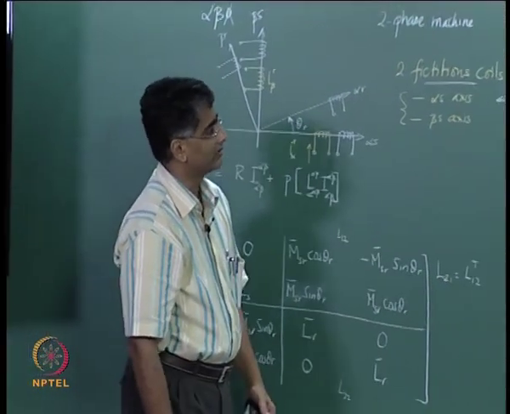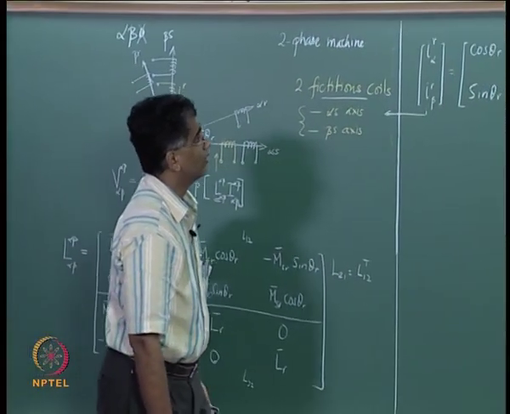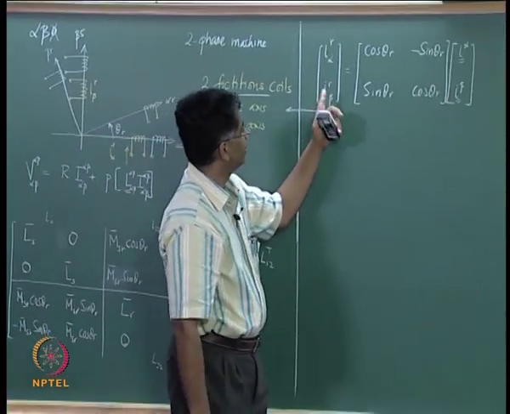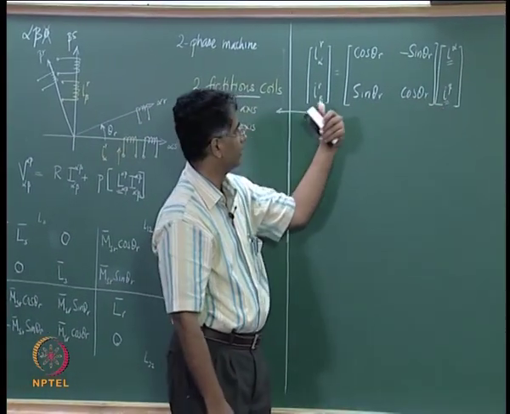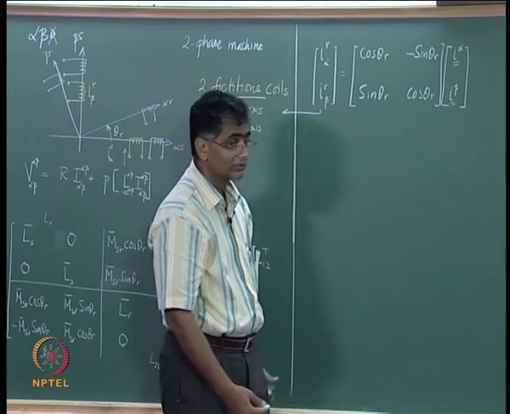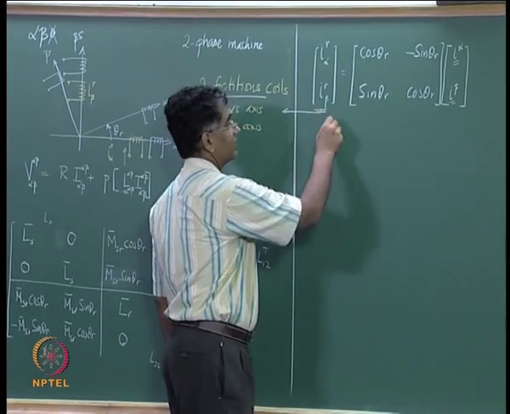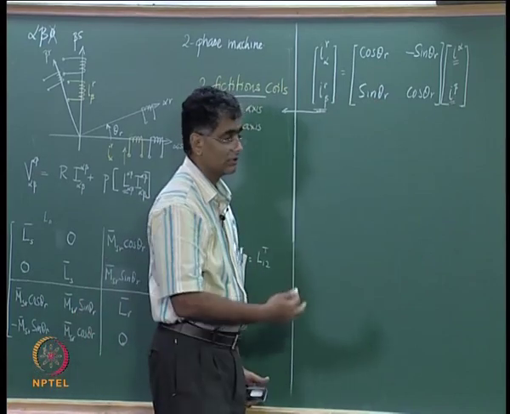So having defined this, we can now observe that if you know these 2 currents, you can get these two currents, and similarly if you know these two currents it is feasible to get those two currents. How can you do that?